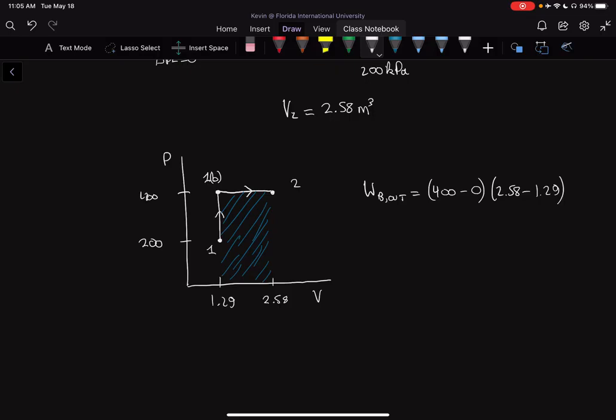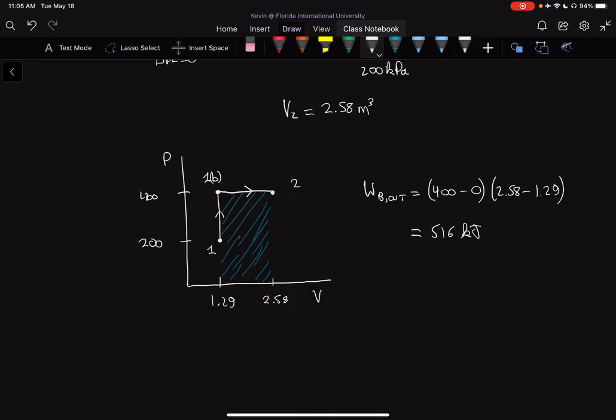And so we're left with work boundary out equal to 516 kilojoules. In this case, the work boundary is actually positive, and it makes sense because the piston is moving up. The system is doing work on the piston, is doing work on the outside.